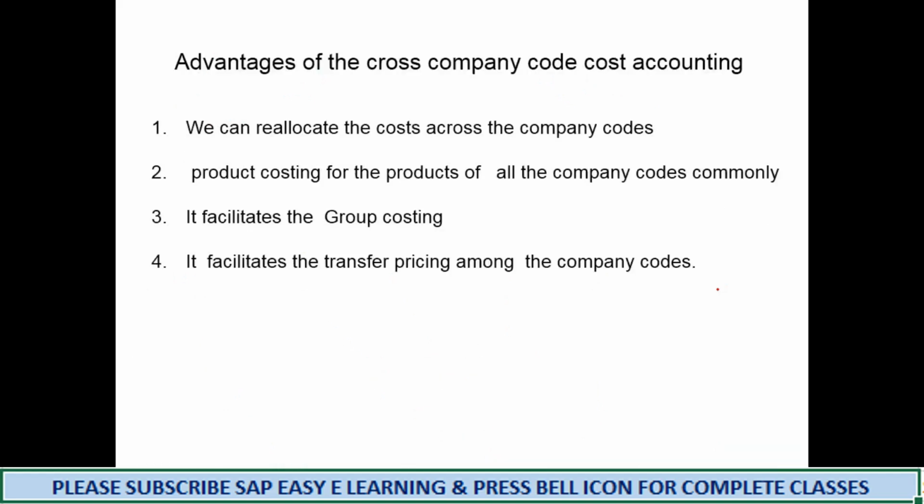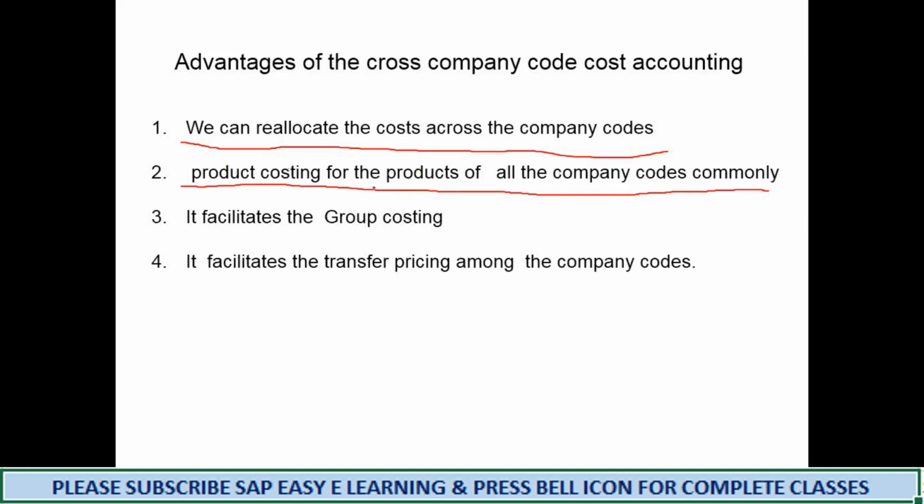So what are the other advantages of cross-company code cost accounting? We can reallocate the costs across the company codes, meaning you can transfer the expenses from one company code to another company code. Product costing for the products of all the company codes commonly.